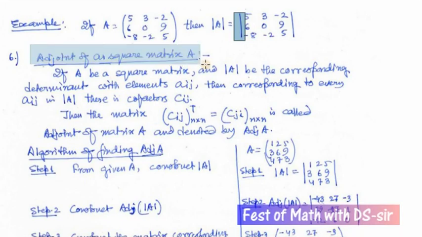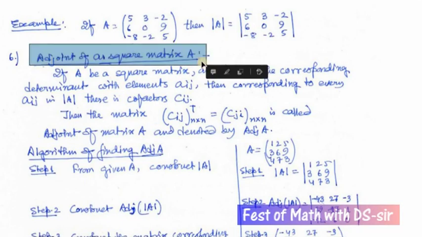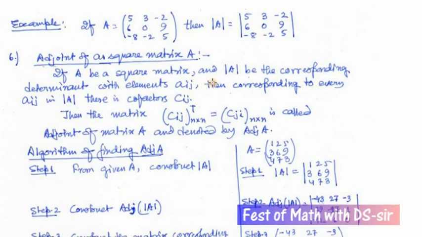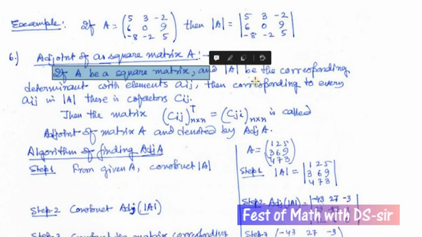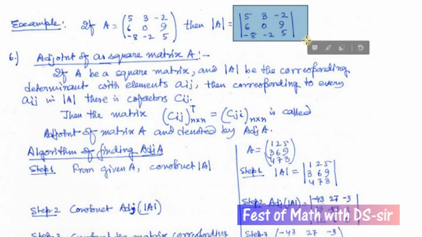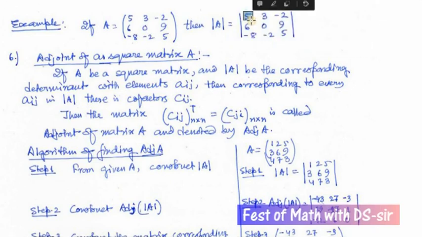Adjoint of a square matrix. This is very, very important. Let A be a square matrix, then det A is the corresponding determinant. Corresponding to every square matrix like this, you can have the determinant. And in a determinant, corresponding to every element, there is a cofactor.